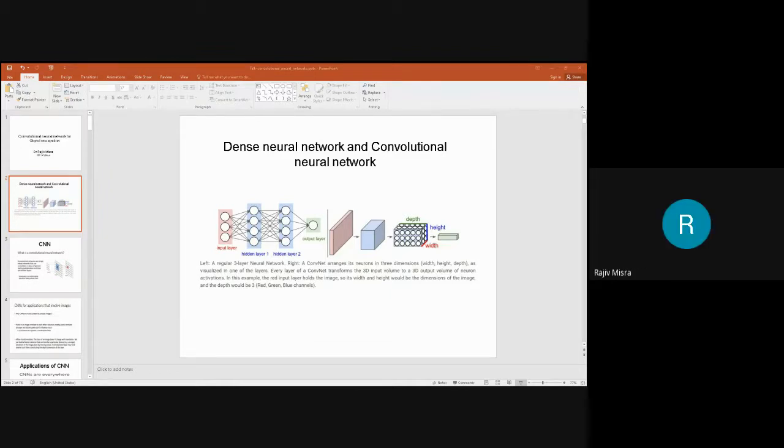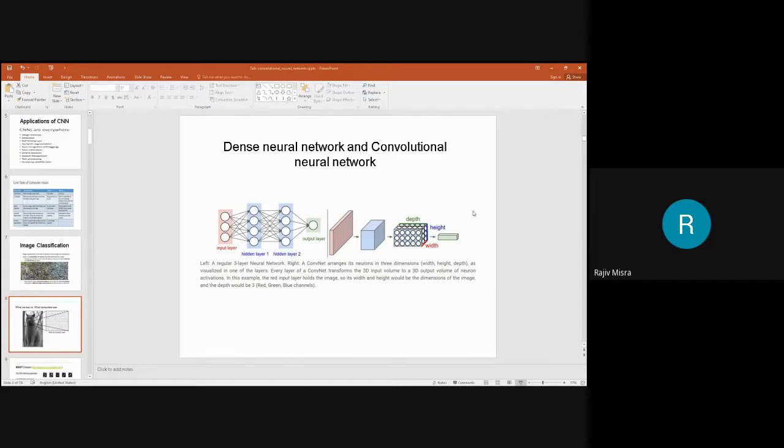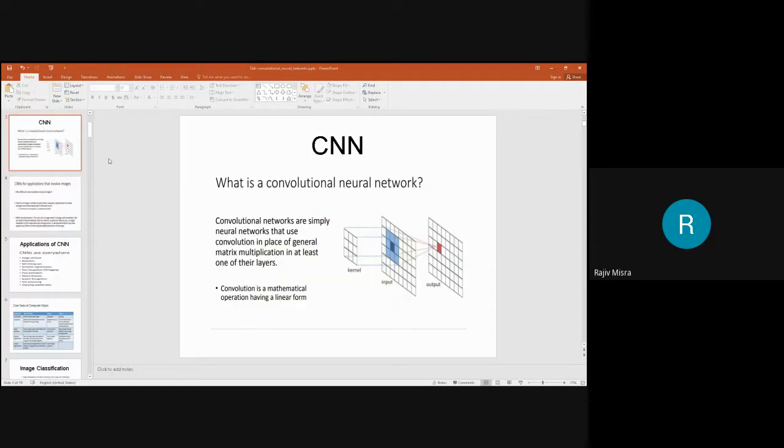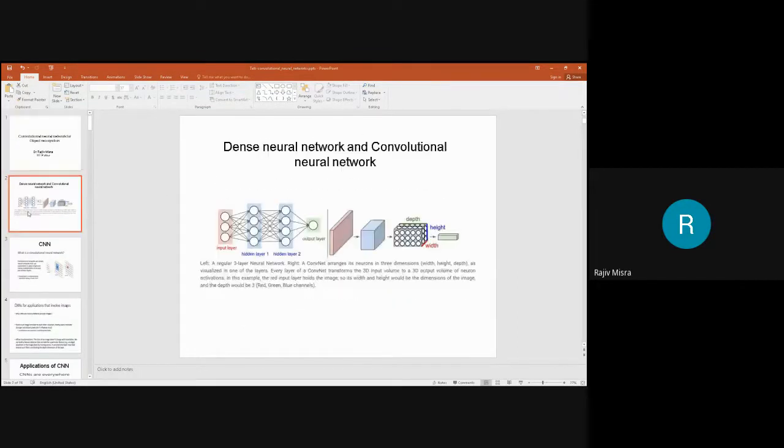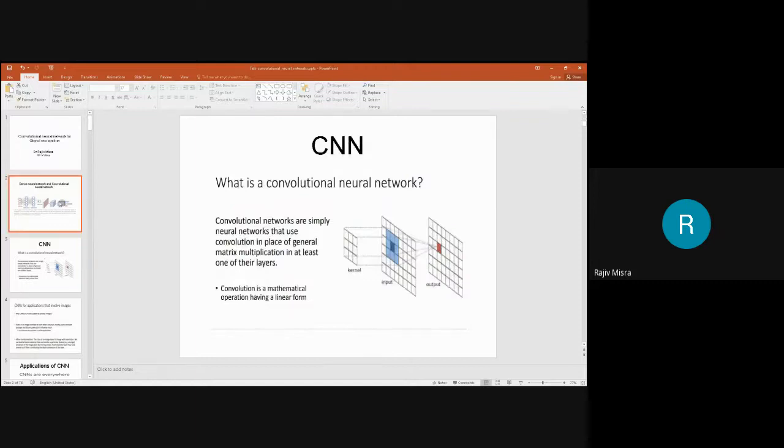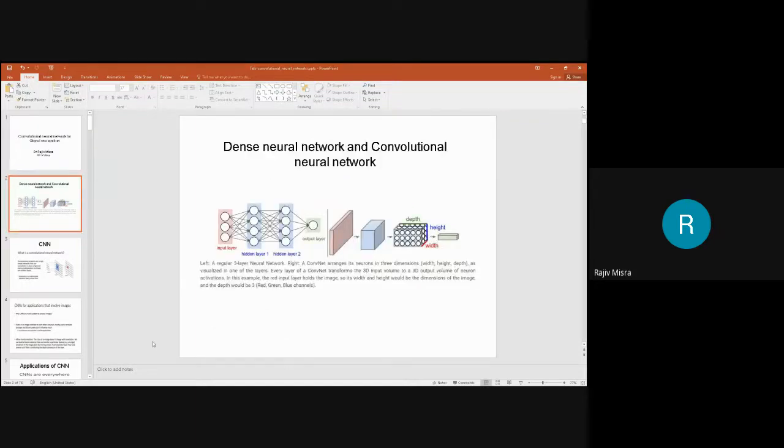Sir, slides are not changing. It is still on the second slide. Okay. Let me, is it visible now? This is the second slide. Okay, just a minute.